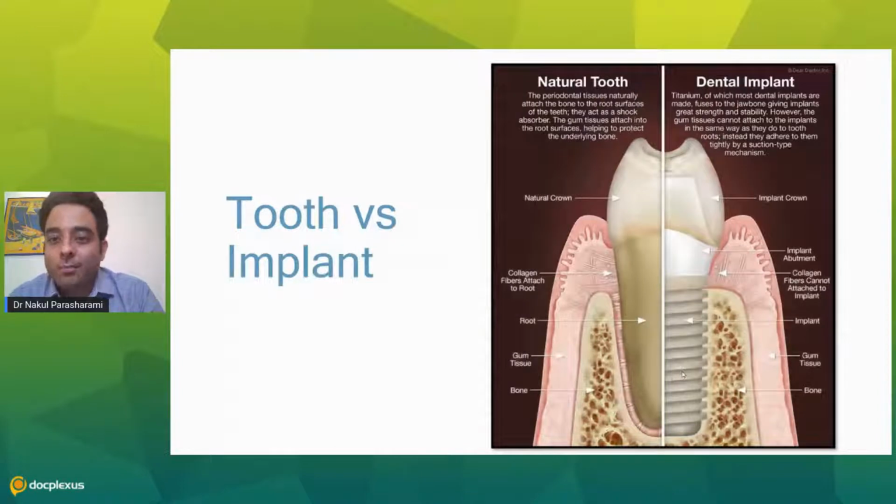The most important part that we need to understand is that the implant fuses directly with the bone, and in the natural tooth, there is a layer in between which is called the periodontal space. The amount of collagen fiber attachment is extremely high in a natural tooth, but on an implant surface, the collagen fibers cannot directly attach to the implant.